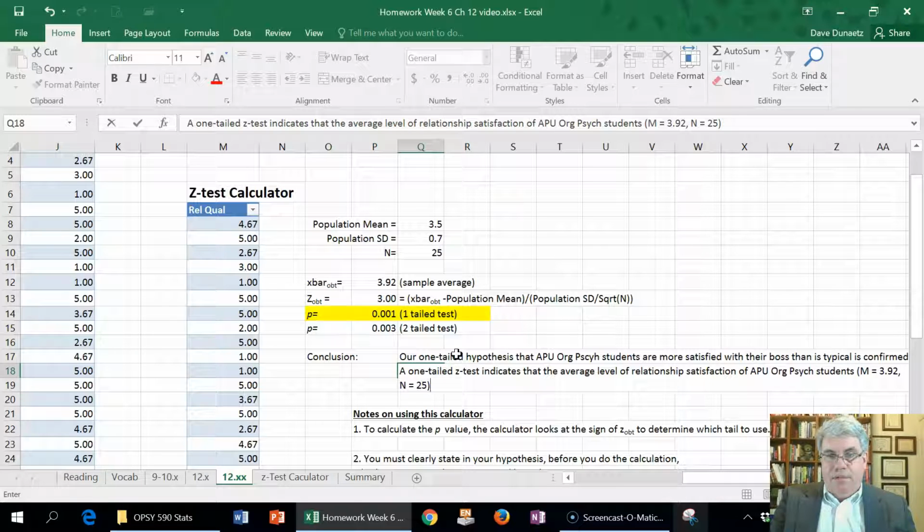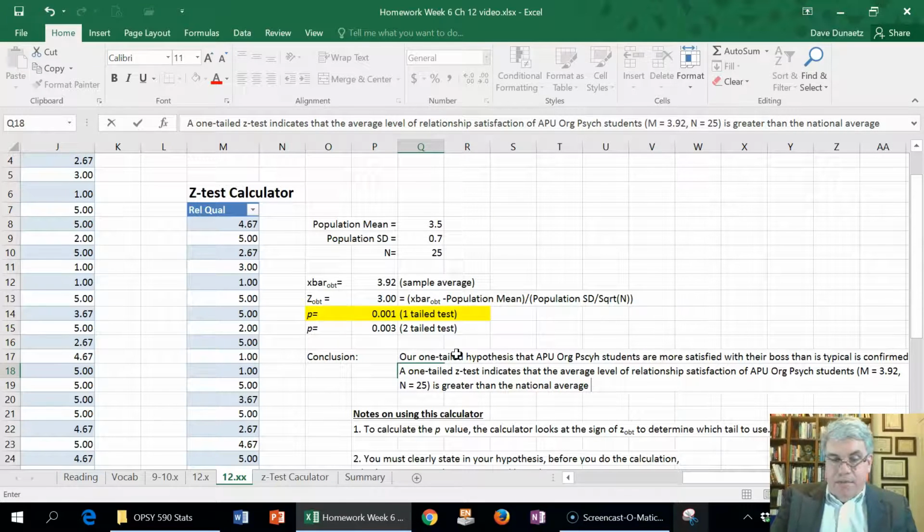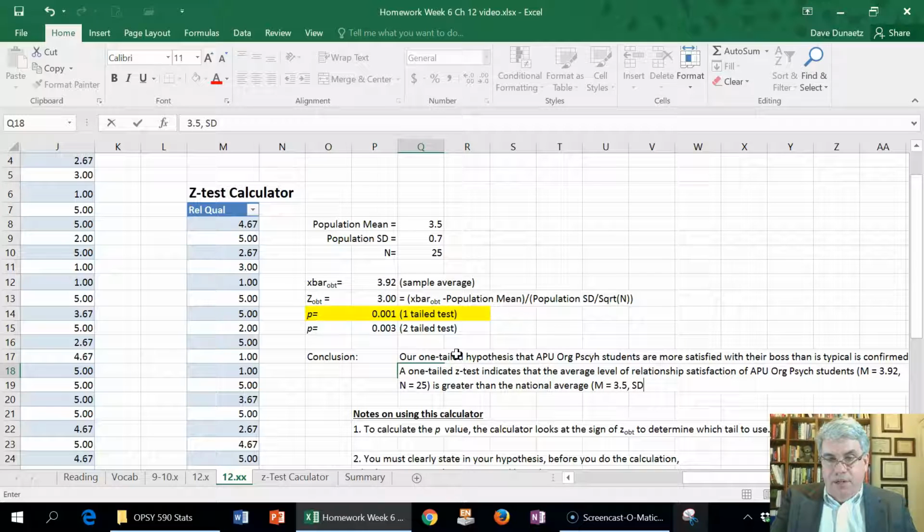The average level of relationship satisfaction of APU psych students is greater than the national average, and that was mean equals 3.5, standard deviation equals 0.7, close parentheses, and then we can put a comma. We could have put this in the parentheses also, but I'm going to put it outside of there. We have to decide what the statistic is.